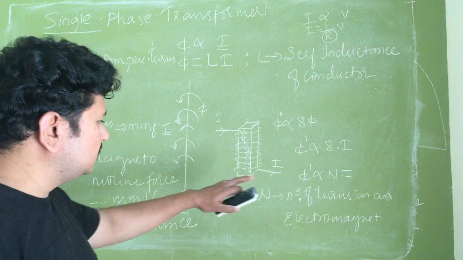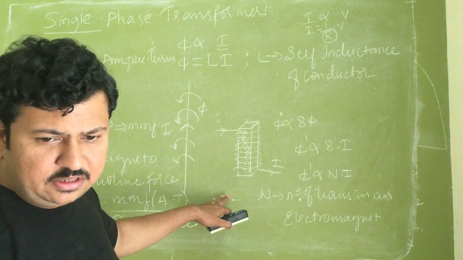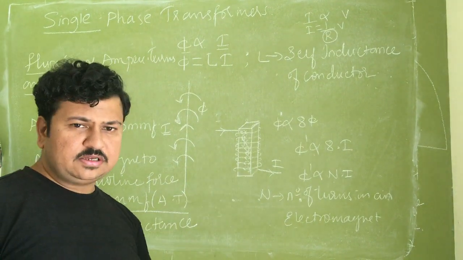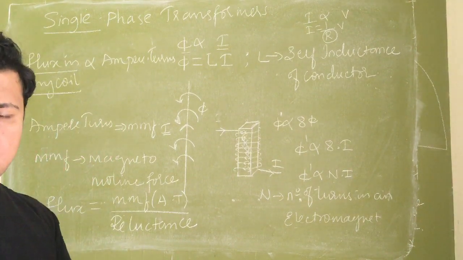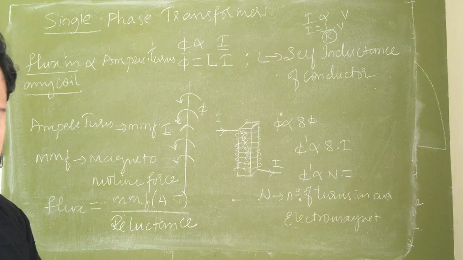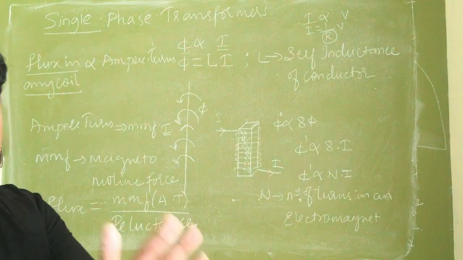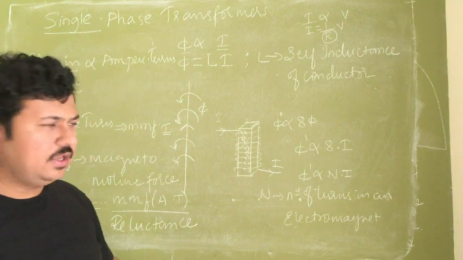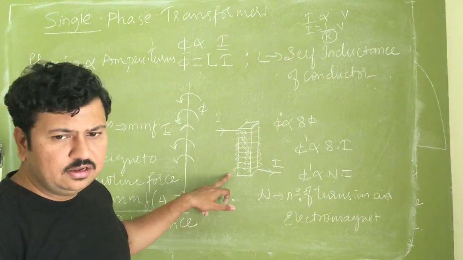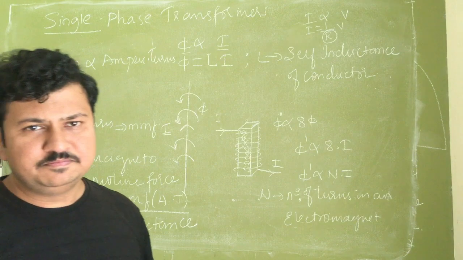So what we understood so far is, to create a flux electromagnetically, I need current and I need turns. Nowhere in my system do I use a straight conductor to create a flux. Always I use a coil to create a flux. So when I keep the conductor in the form of a coil, then turns come into the picture.